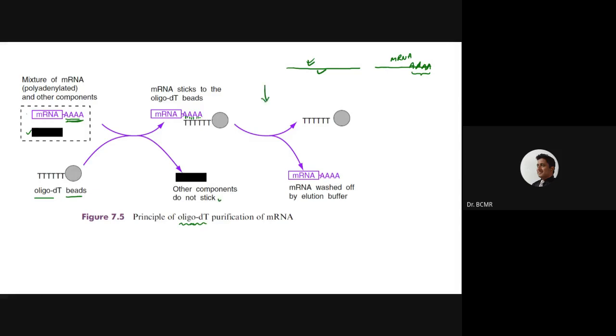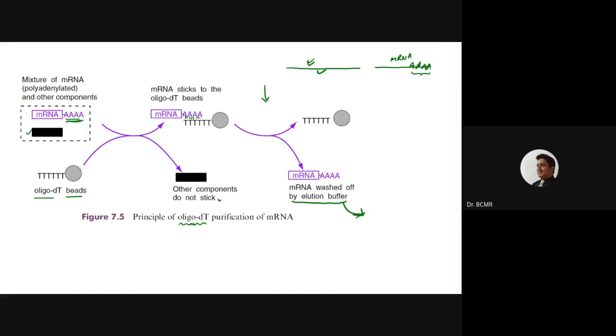And then we will elute by changing the salt concentration. We don't use alkaline conditions, for a reason. By changing pH, salt concentrations, and the temperature also, you can wash off the mRNAs. Now you have RNAs that are devoid of other non-mRNAs.